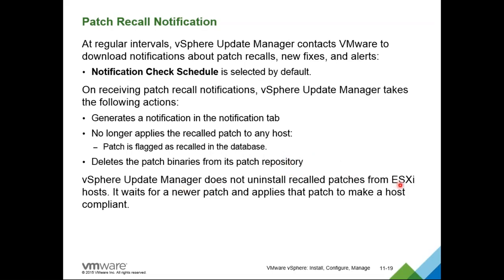It won't call back or recall that flagged patch from your ESXi host, and it will wait for the next patch release to fix the recalled patch bugs. Once the patches are available, it will communicate with the VMware portal and download them directly to your ESXi host.